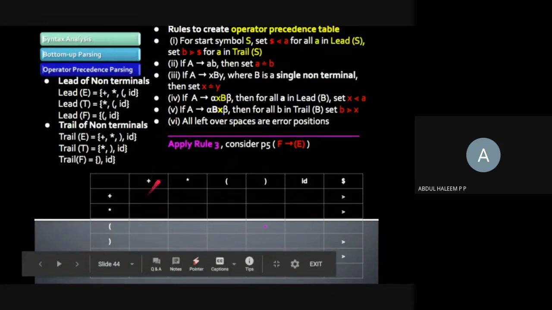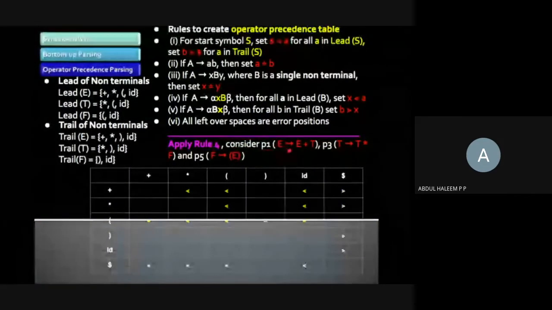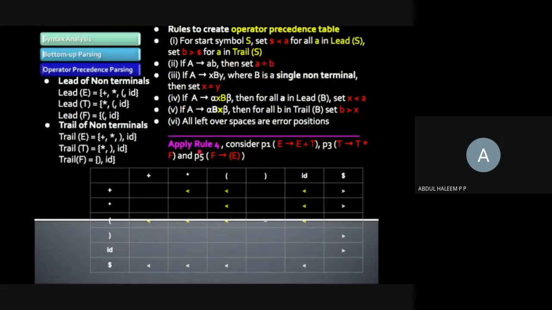Next is rule number 4. Which productions can be taken up for rule number 4? When we discussed these rules last time, we identified that P1, P3 and P5 are those where we can apply rule number 4.